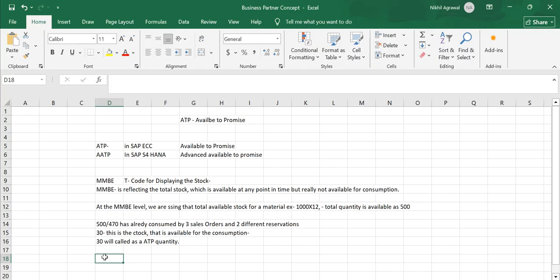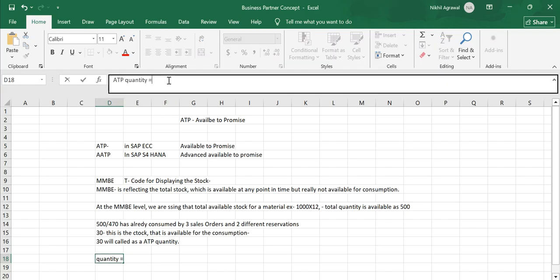Here, guys, the ATP quantity derivation happens based on this: ATP quantity is equal to available stock at any point in time, plus receipts.